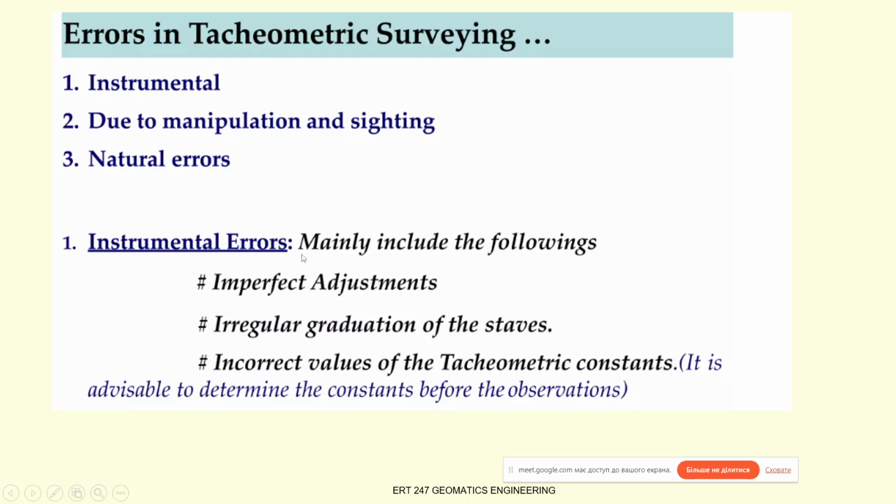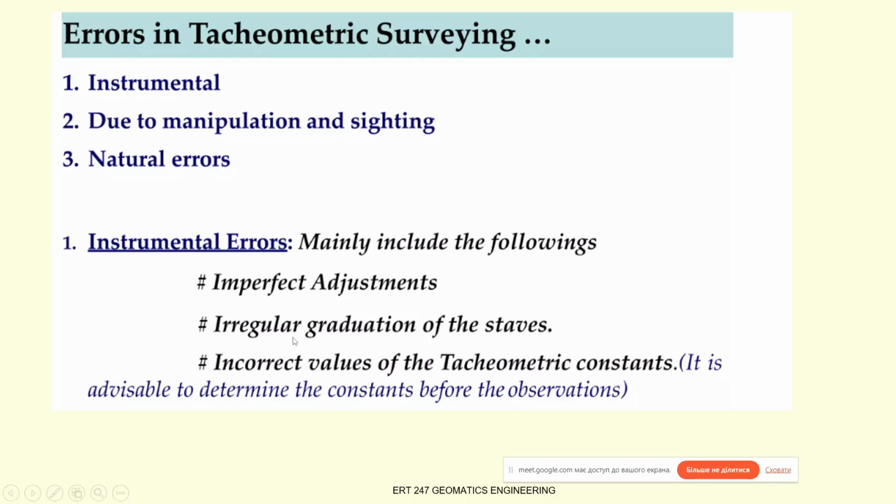Instrumental errors mainly include the following: imperfect adjustments, when the instrument is not good, and geometric interrelations among the axes, so you should take care of your instrument.